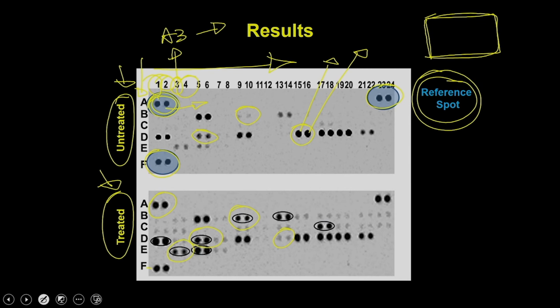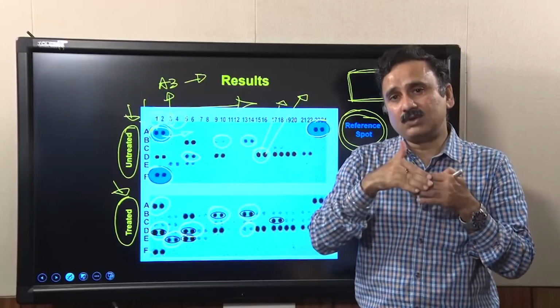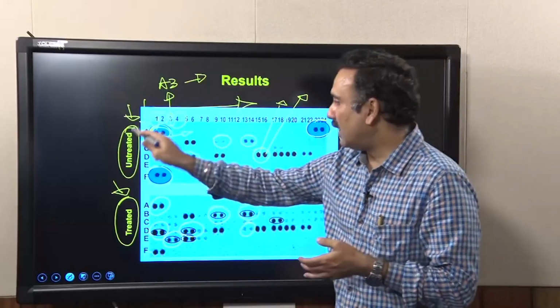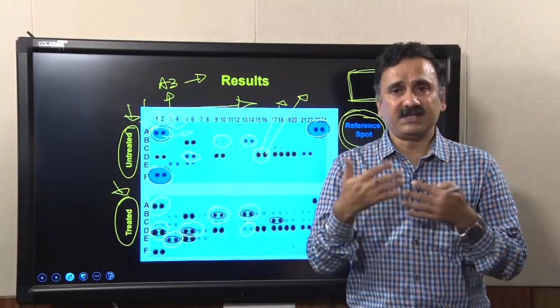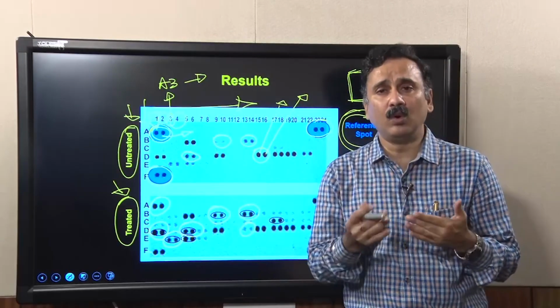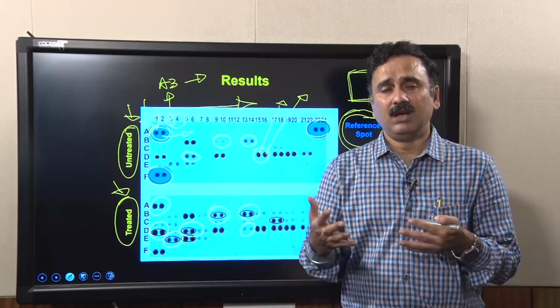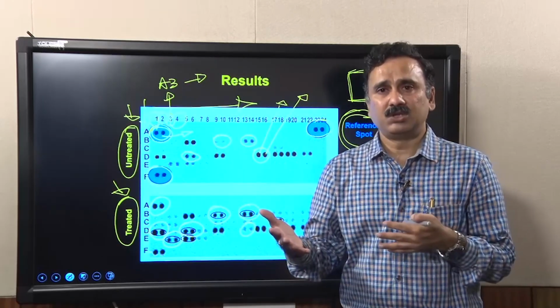All these encircled signals are very weak in the untreated sample but pretty high in the treated sample, which means these are cytokines that increase when you treat the cells with a particular treatment. This means these cytokines probably have some role in driving biological processes, or in driving immunological responses.